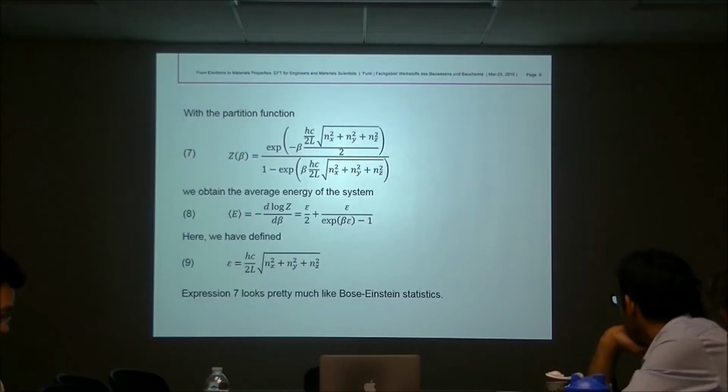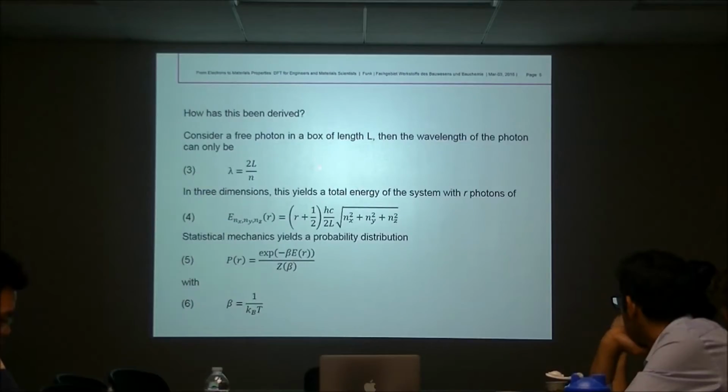But without knowing this, we derive the correct statistics. And we've just worked classical all the time, or almost, because this is the only thing which is not looking so classical.